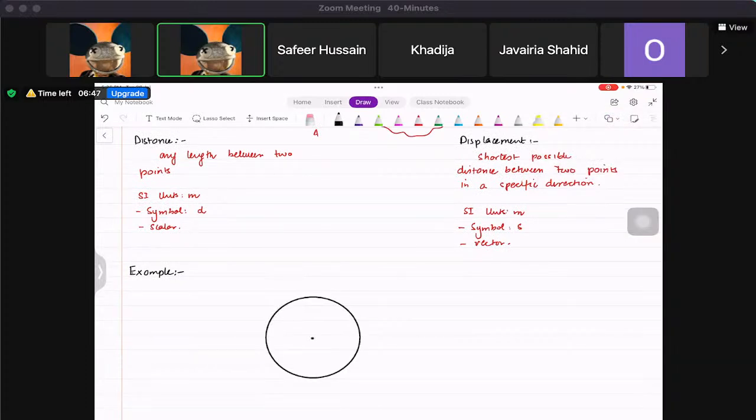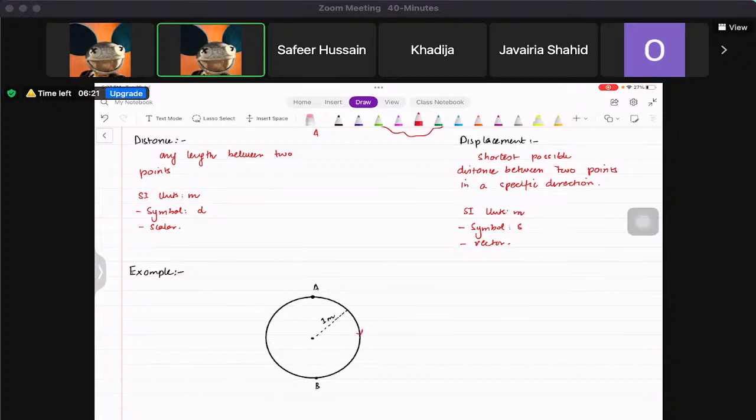Say the radius is 1 meter, and this is point A from the top, and this is B at the bottom. So an object is moving from point A to B like this, and then back.